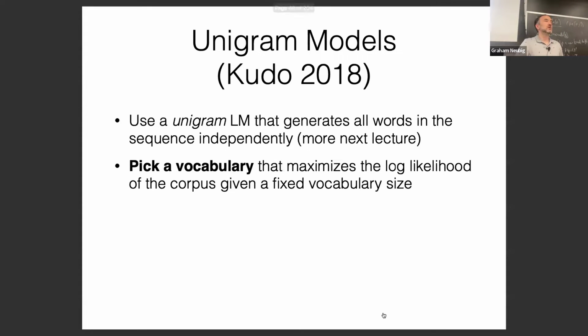So what you do is you try to pick a vocabulary where you have a given vocabulary size. You have a limit on your vocabulary size, like you can only have 32,000 words or 32,000 subwords in your vocabulary. And based on that, you try to do a combinatorial optimization problem where you find the best vocabulary that gives you the highest probability given that constraint.